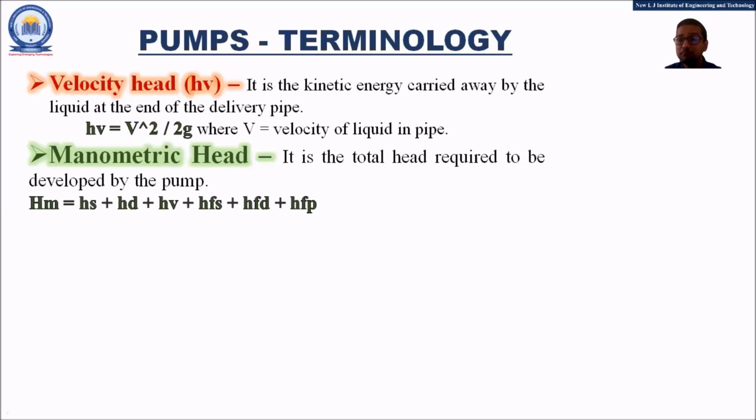And since the pump is a mechanical device, HFP, that is the frictional losses in the pump itself. So we have considered all the losses which are taking place in the pump, and also we have considered the different heads of the pump. So the summation of all these heads and all these losses, that is known as the manometric head.